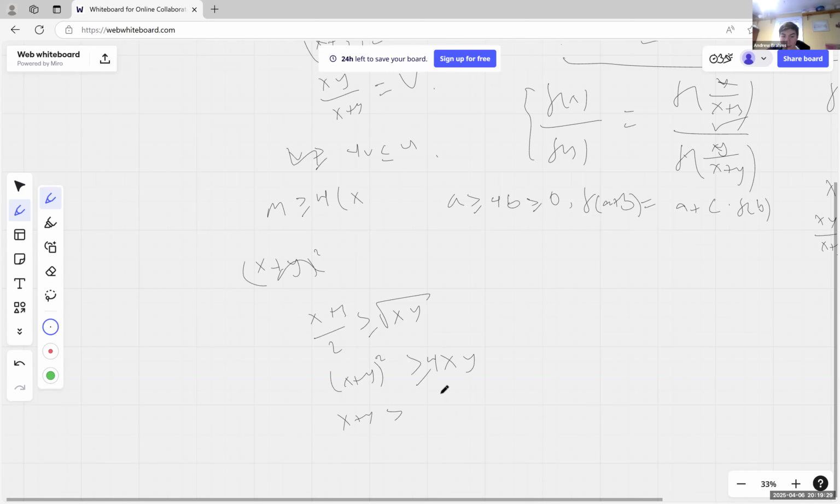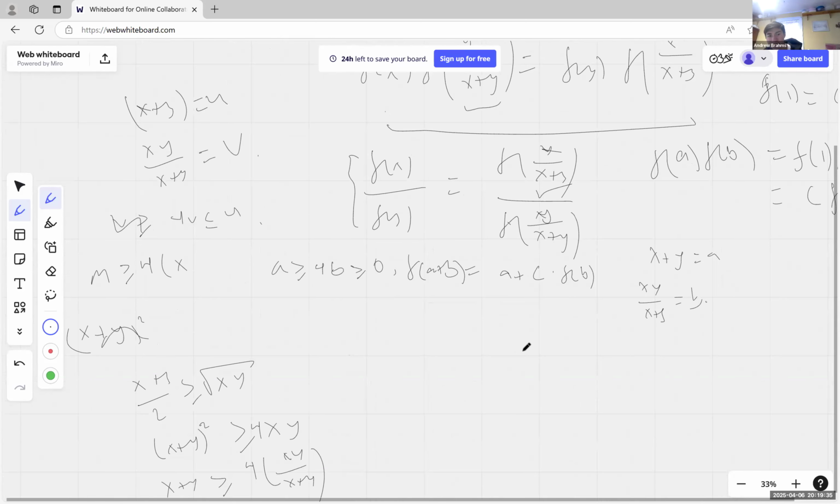And so x plus y is greater than or equal to 4 times xy over x plus y. Now, what this means is that if we ever have this kind of situation, we have that a plus c times f of b is equal to f of a plus b for a greater than or equal to 4b, greater than or equal to 0.